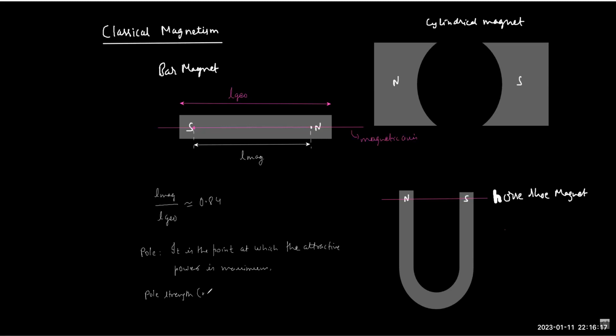So pole strength we represent by M. It is analogous to the magnetic charge, or you can say it is analogous to the charge as in electrostatics.